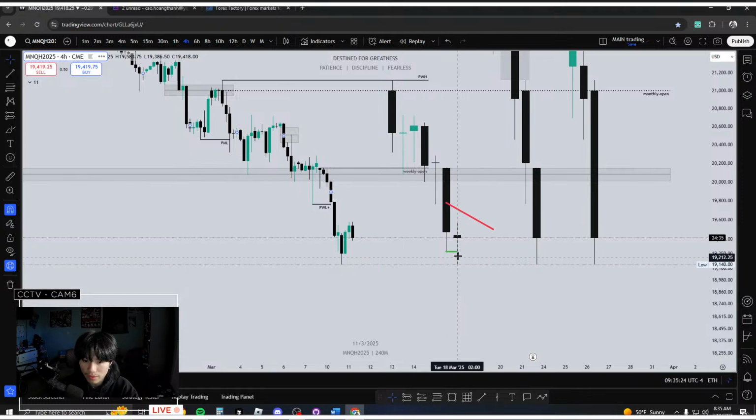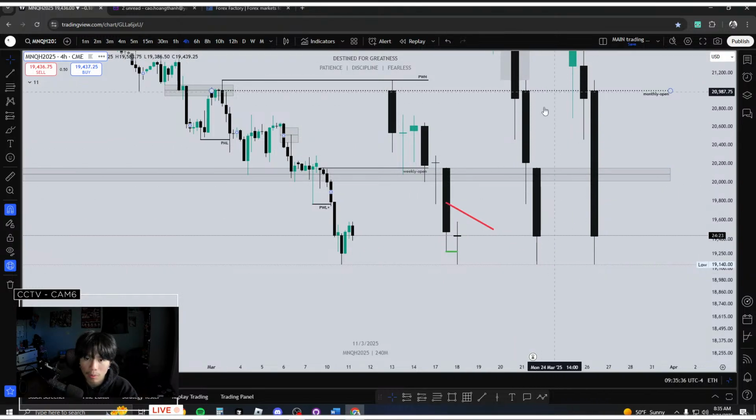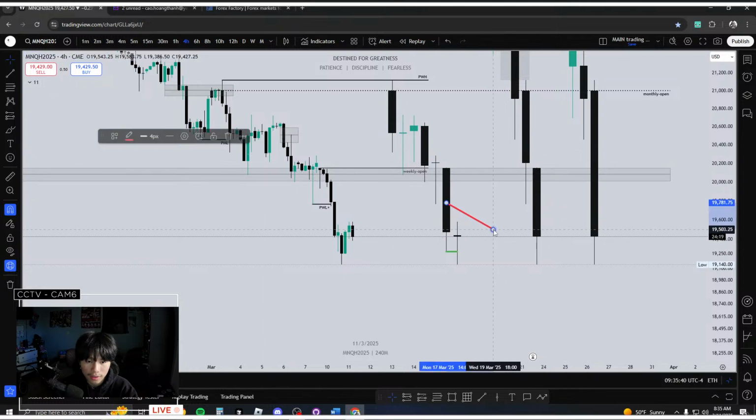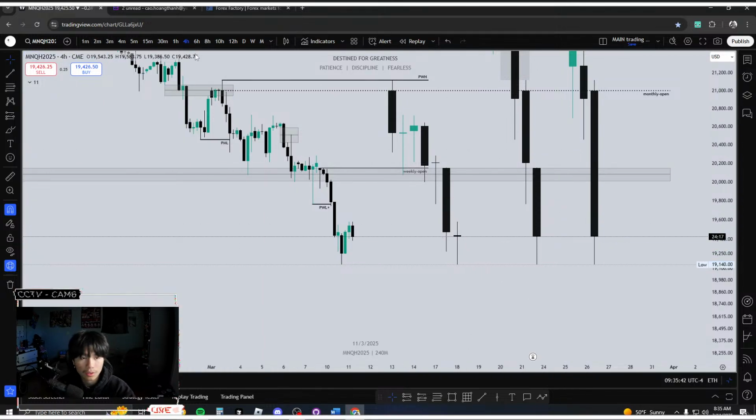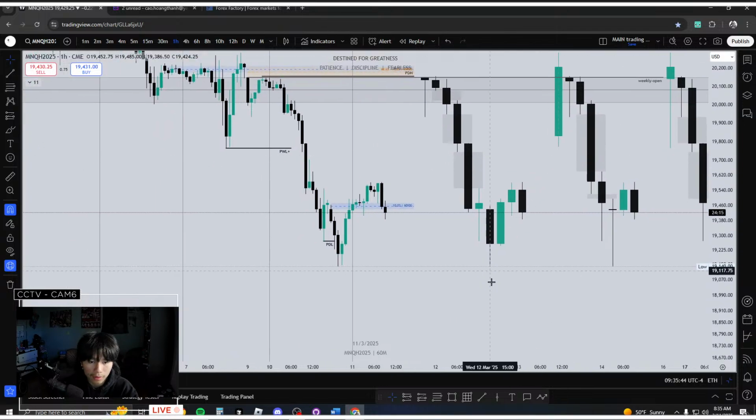After we take out previous day low, coming into the London session, I can't use the daily time frame. So notice how I'm applying these concepts to every single one of these time frames. I applied it to the weekly, then to the daily. So coming into this morning, I don't necessarily have a bias.